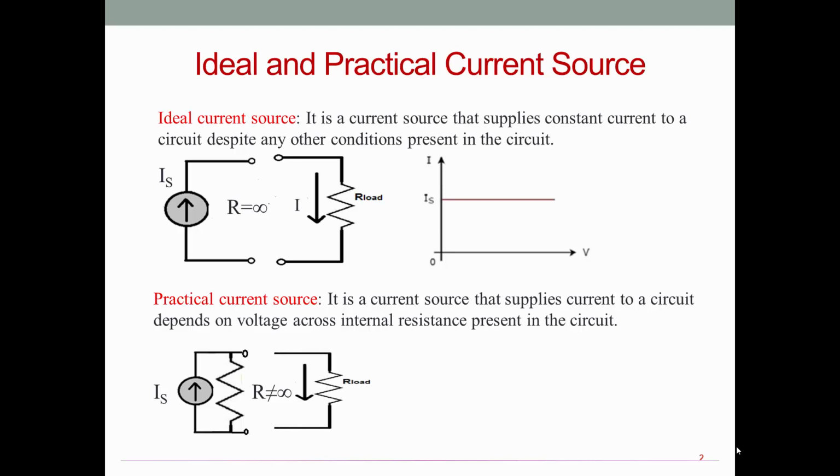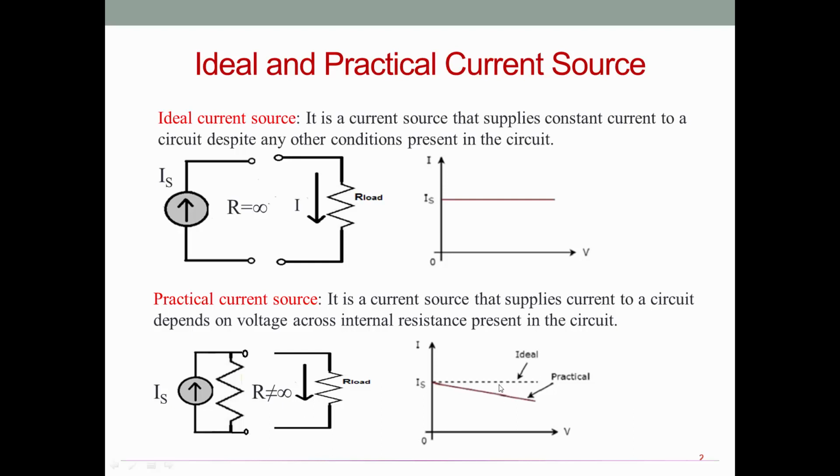When you connect a load, the current flow through the load depends upon the voltage across the internal resistor. Hence, when you plot the current versus voltage curve, you could see the practical current source has drooping characteristics, whereas the ideal current source is flat or constant current.